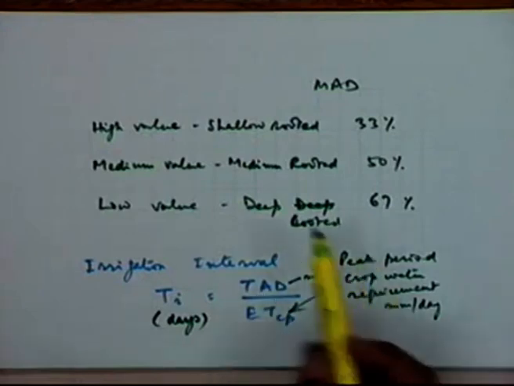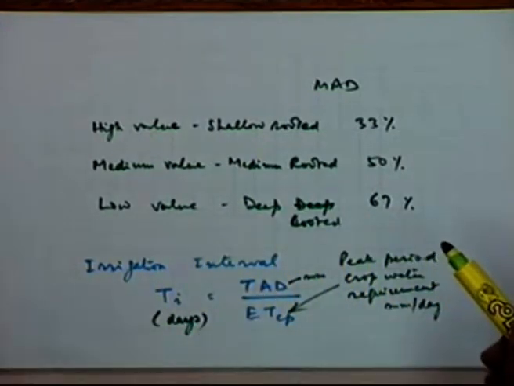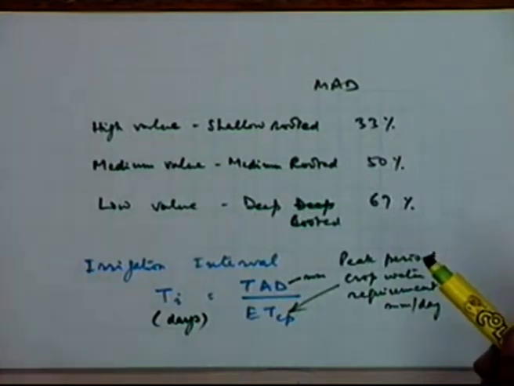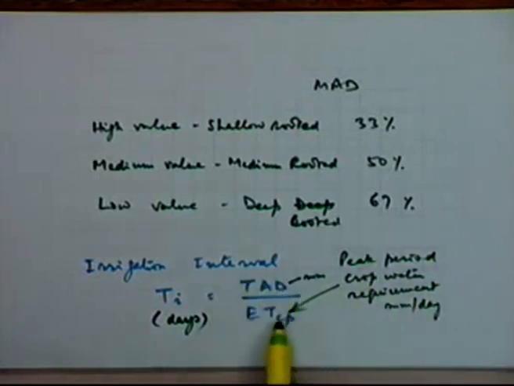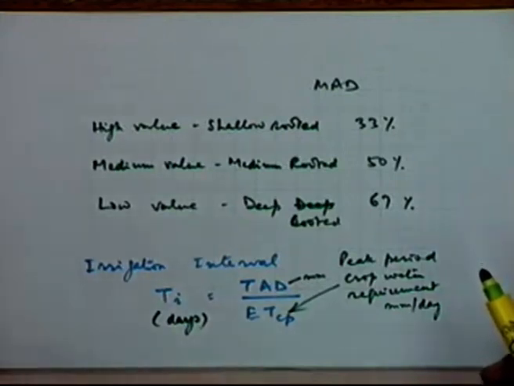TAD is the total allowable depletion. So this is the moisture which can be allowed to be extracted, and that moisture is depleting at this rate. So you can get a value of the irrigation interval which is permissible. Now it's not necessary that you have to use that entire period for the irrigation.